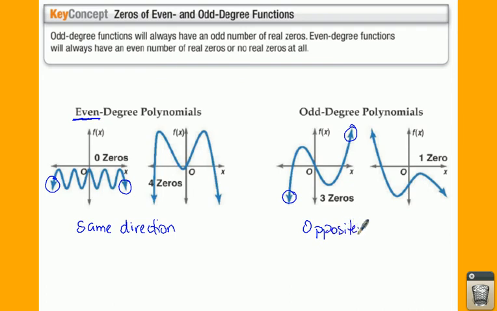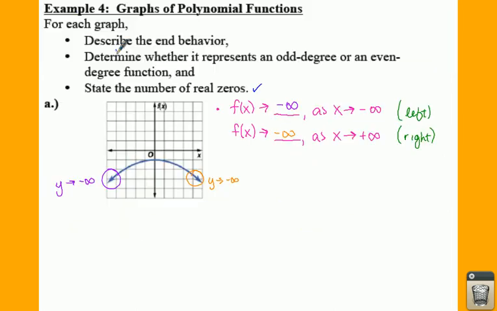Okay, opposite direction. Maybe a way to remember: same has 4 letters, even has 4 letters. Odd starts with an O, opposite starts with an O, so you may be able to remember that as well when you're trying to figure out whether you have an even or odd.